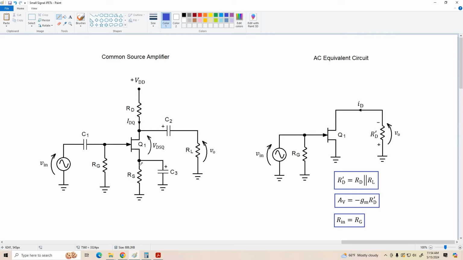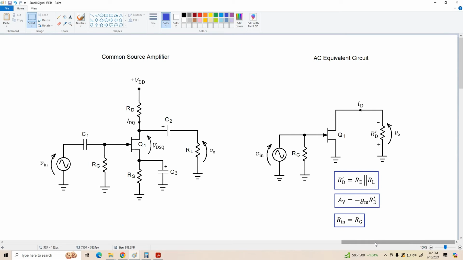If we had done this to a BJT amp looking into the base, we'd probably only see maybe a couple of hundred ohms. In this case, bypassing the source doesn't really have any detrimental effect on input resistance, so we might as well just always bypass the source to maximize voltage gain, because as we'll find out soon enough, JFETs are not really great in terms of voltage gain anyway.